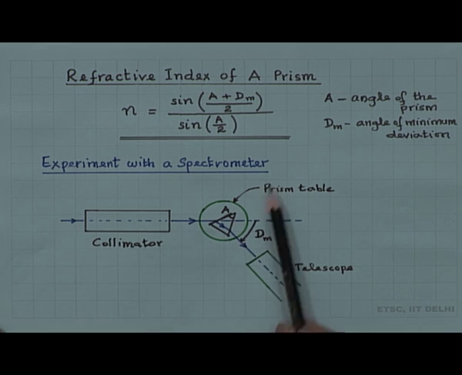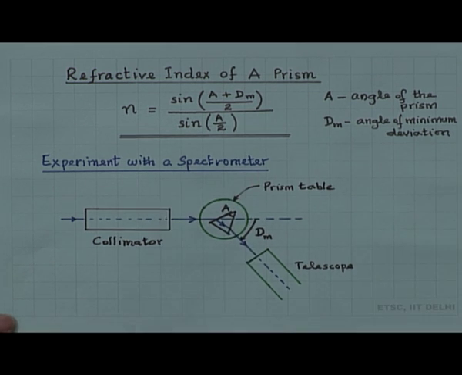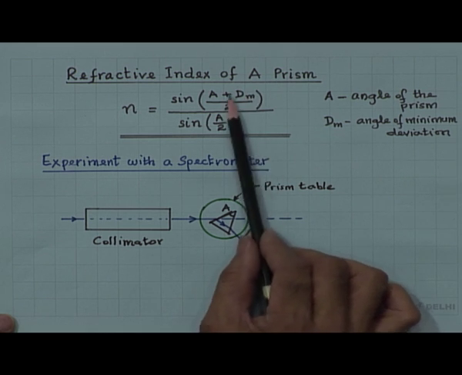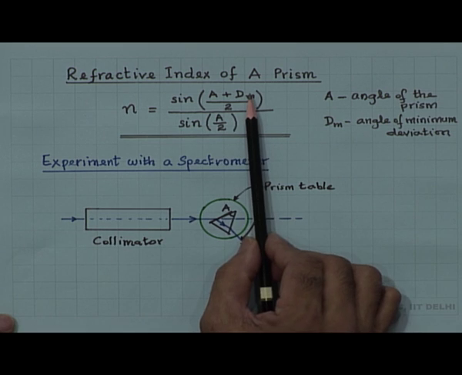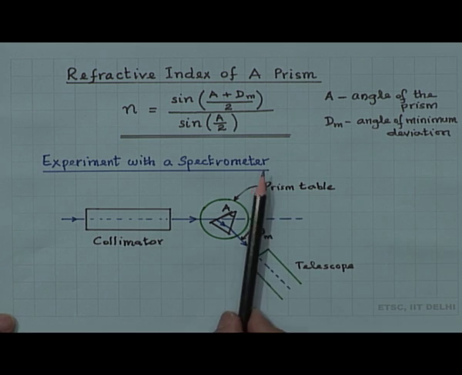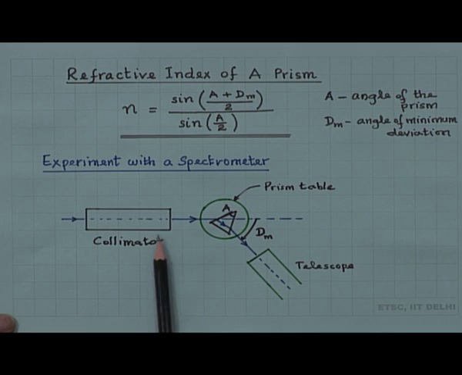Although this is not a part of our course, I would just like to show it to impress upon you that the angle Dm of minimum deviation is a measurable quantity, and therefore we can determine the refractive index very accurately. A spectrometer comprises a collimator which sends a collimated, that is a parallel, ray from here, and then the ray passes through the prism which is placed on a prism table.